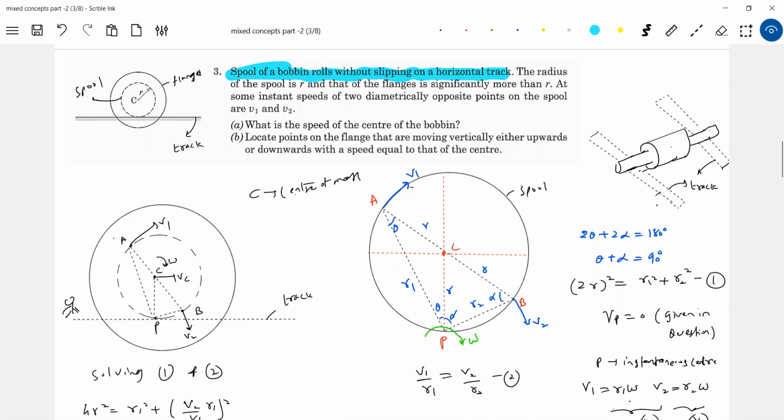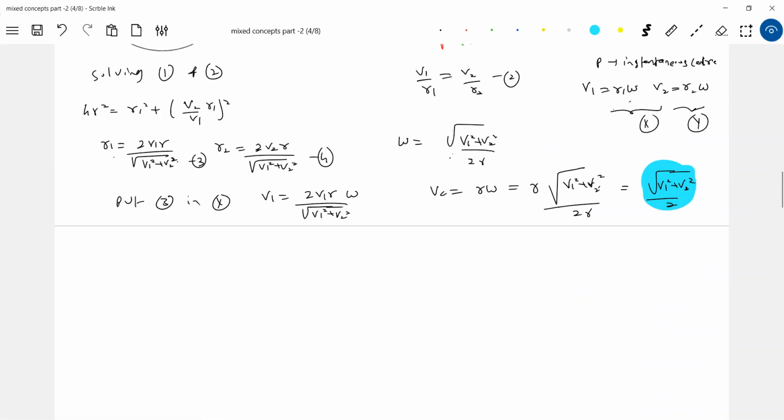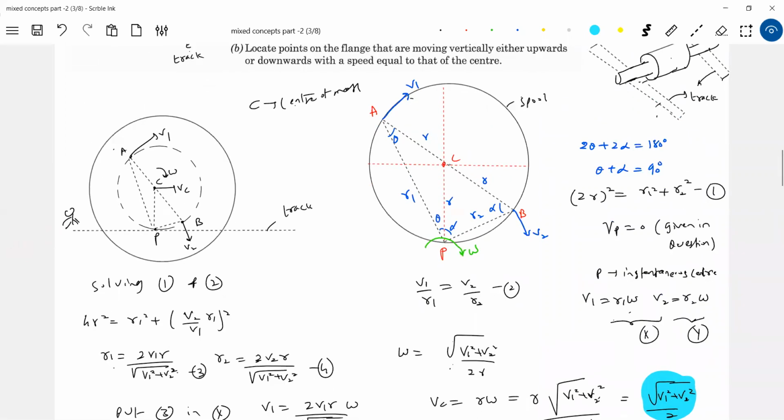And again, what is the condition? Moving vertically either upward or downward with a speed equal to that of the center. So where will that particular point come? I think we have to search with a circle. Nothing to do, nobody will help us. I'll take this diagram.